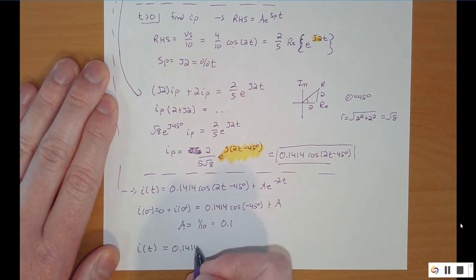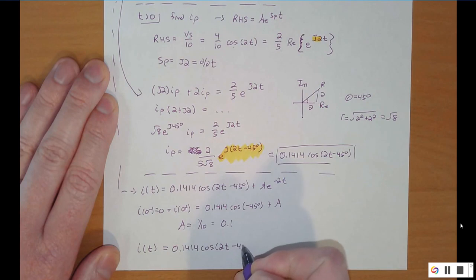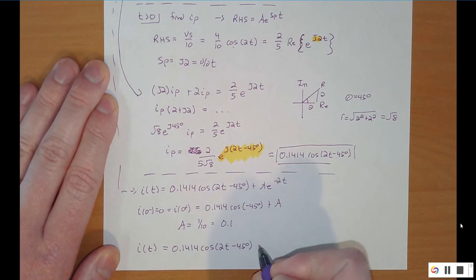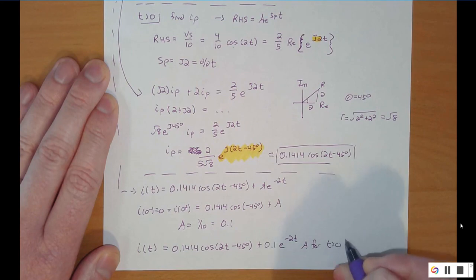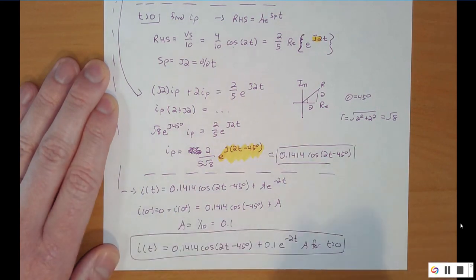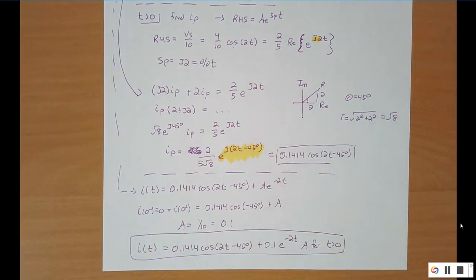And we're done. I of t is 0.1414 cosine 2t minus 45 degrees, which is our phase shift, plus a 0.1 e to the negative 2t. And that'll be amps for t greater than 0.